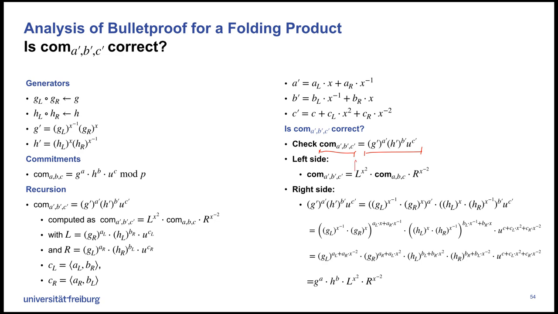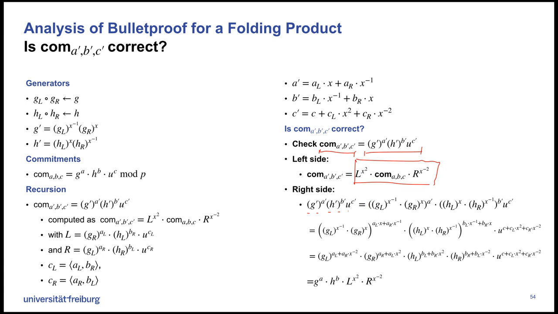So we plug it in. The left side is given as L to the x squared times this one. On the right side, if you plug it in, you see that the same trick is working. So this is G.